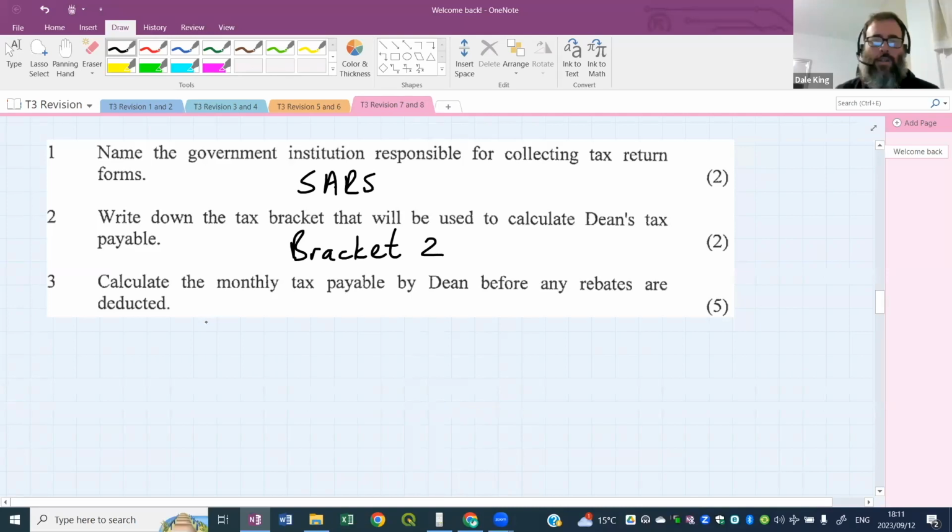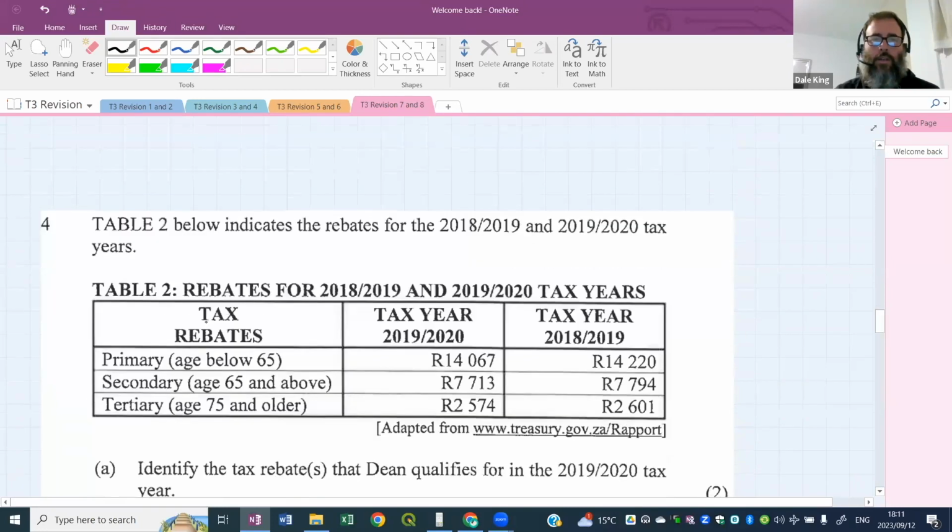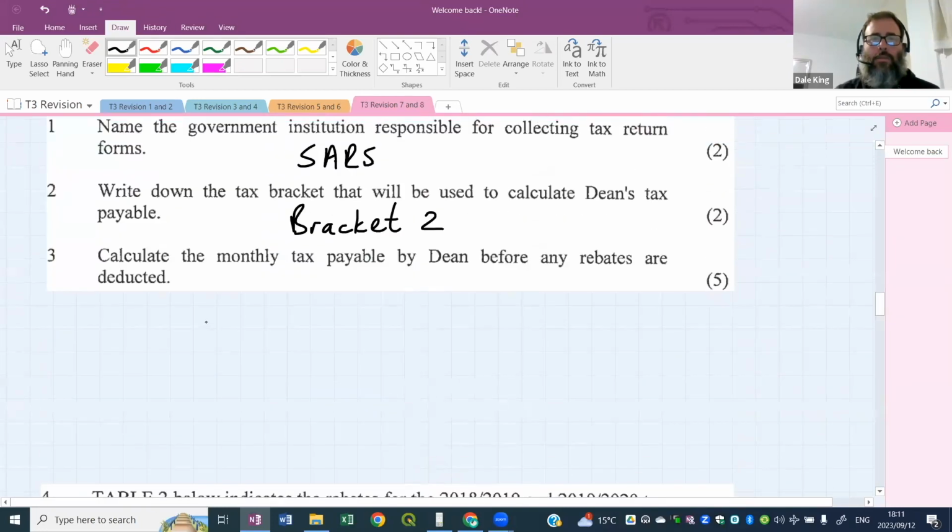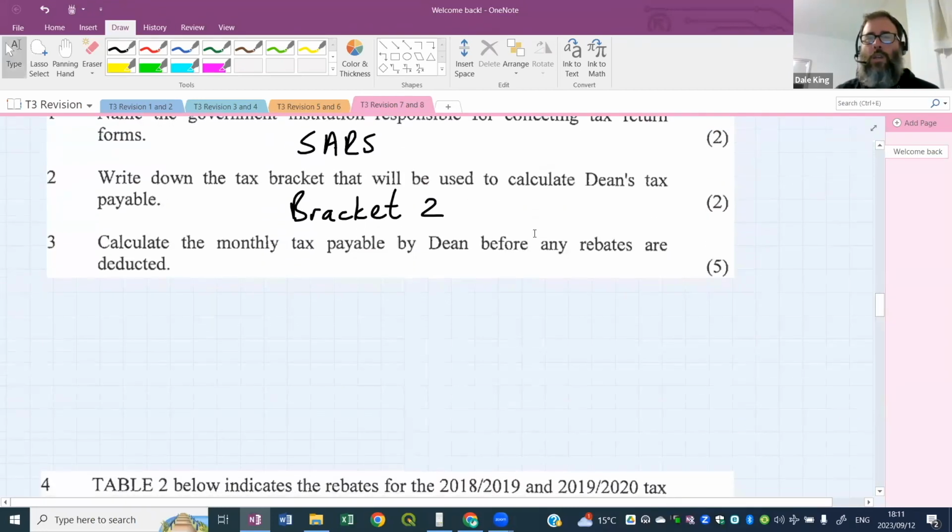We'll see the rebate table here, there it is at the bottom. We're not going to deal with it yet, but yes, a rebate is money that SARS wants to give you back. They give everyone a rebate, and depending on your age, you can get a basic rebate or a bigger rebate. So yes, it's money that SARS gives you back, which is fantastic. Awesome, Ben. Thank you very much.